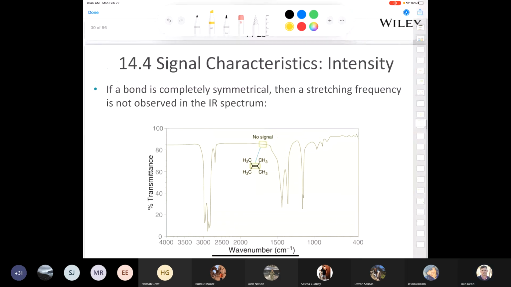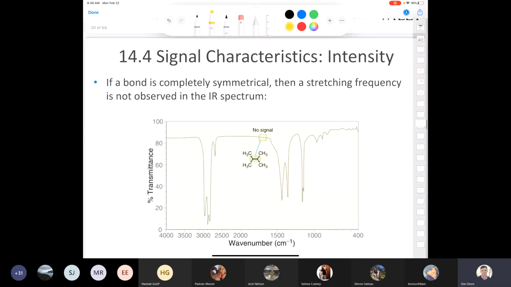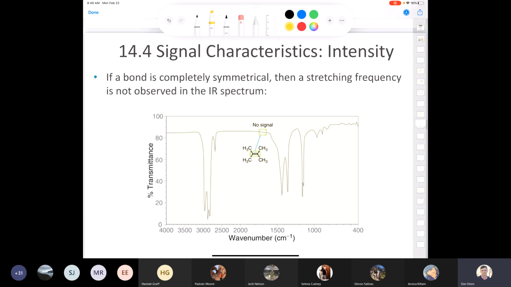Okay. Now, if you have an alkene that's completely symmetrical, then it's not going to absorb infrared light at all, because there's no dipole in this molecule. This molecule is completely symmetrical, so no dipole, therefore no signal whatsoever.